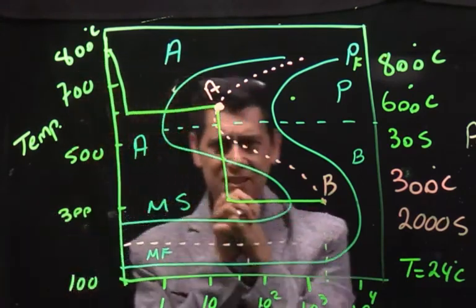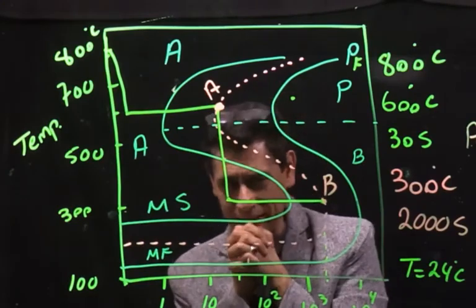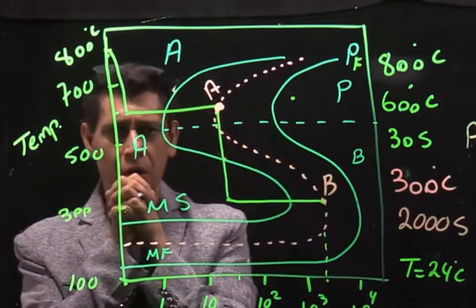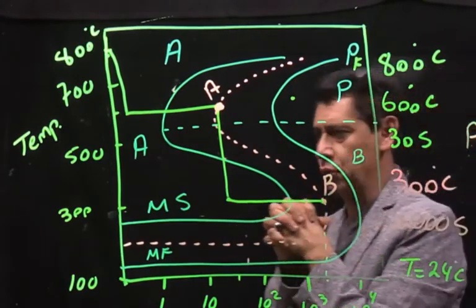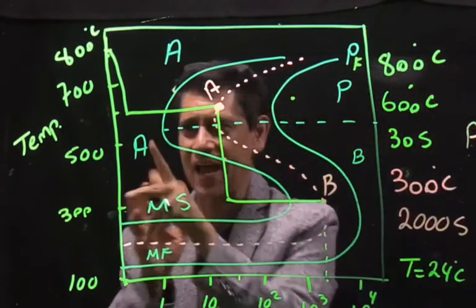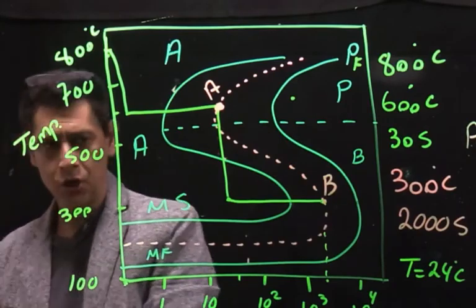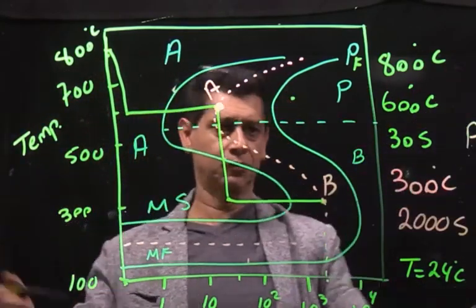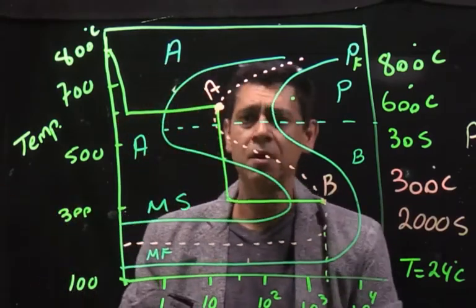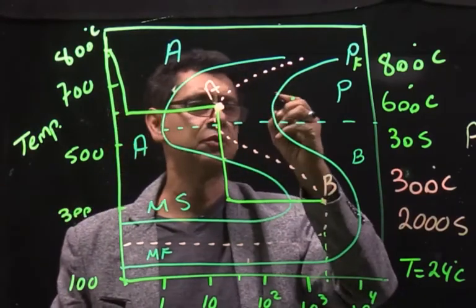If I ask you how long it takes for 100% austenite to transform to pearlite at 600, your answer is, you mean how long is the minimum? Because you can say 5 years, that works, but the minimum time is this much, you see?